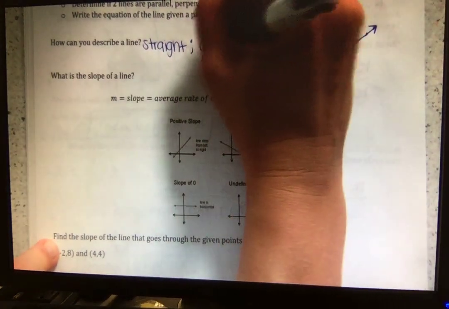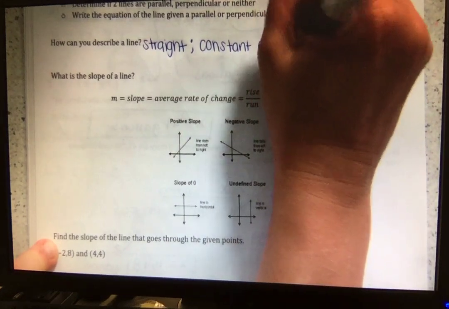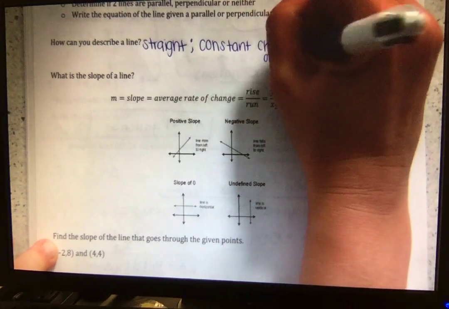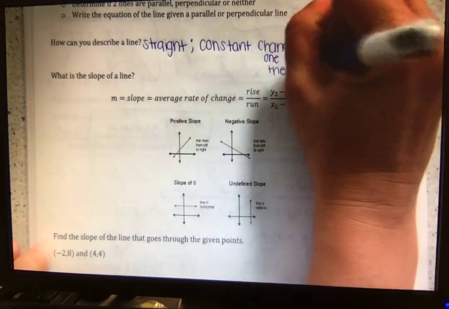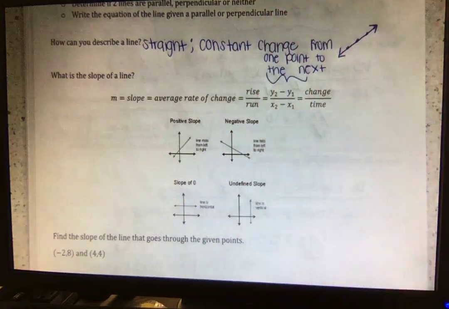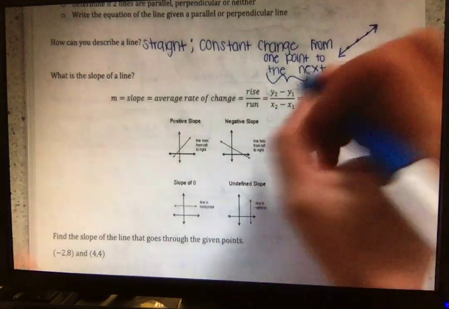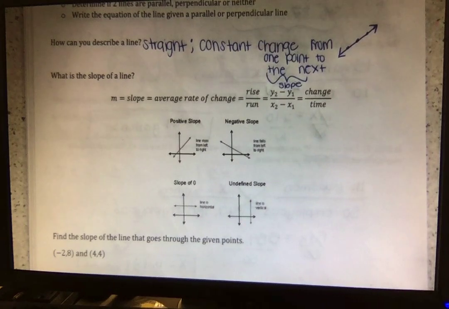So a constant change from one point to the next. What is that change again? Slope. So we have a constant change, a constant slope.